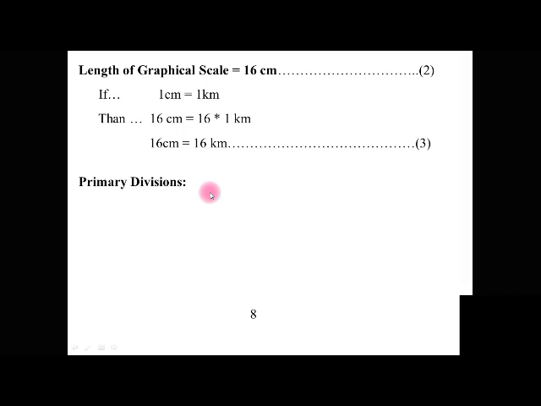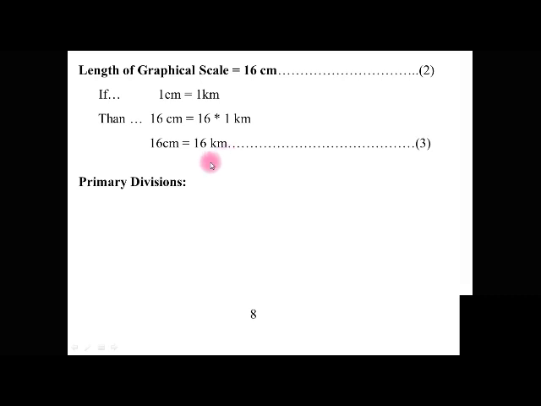While deciding the divisions, you must keep in mind that the 16 kilometer distance we are going to divide. Though we are dividing the line, it is also a division of the total distance on the ground, that is 16 kilometer.